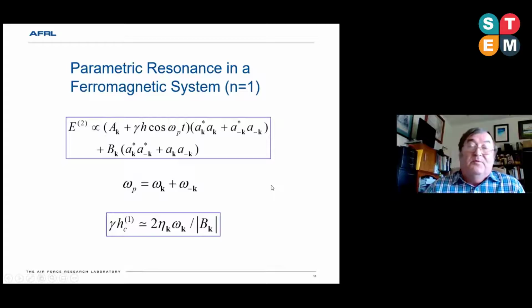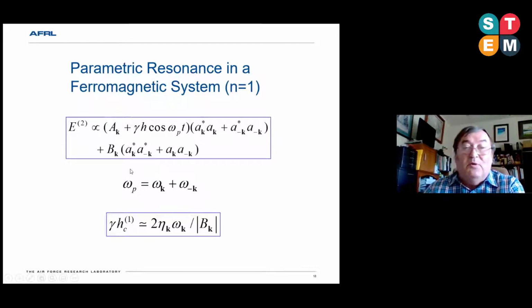We can write, similar to the previous calculation, the quadratic energy in terms of spin deviations. So we have modulation of the diagonal part. We have one spin wave moving in one direction, another spin wave moving in the opposite direction, and we have their non-diagonal parts.